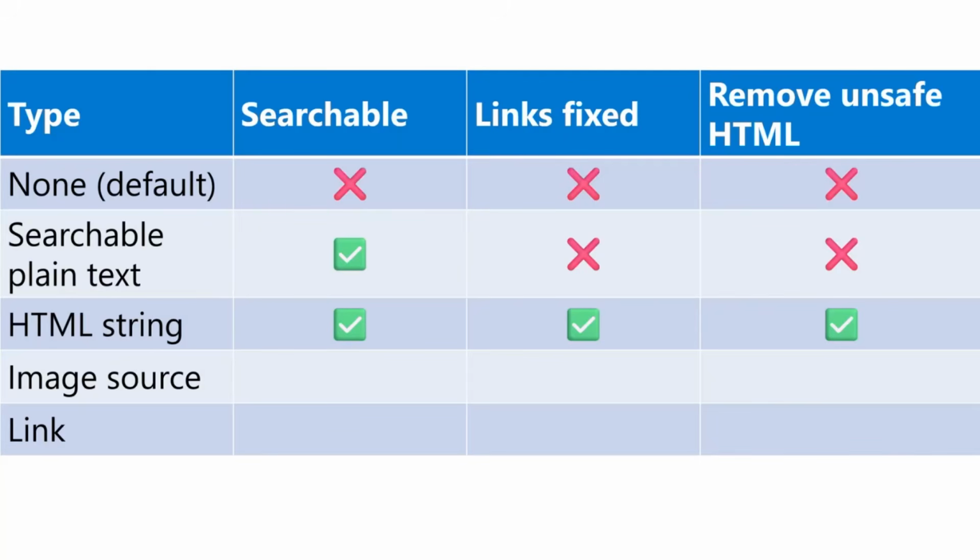It will fix the links in it if you move stuff around, and it will remove unsafe HTML just in case you didn't do that. With images, it will actually fix the link. So if you move your web part around, you move the image, it will fix it. And if you move a link, same thing, it will actually adjust the link. And by moving a link, I mean the target to a link within SharePoint.